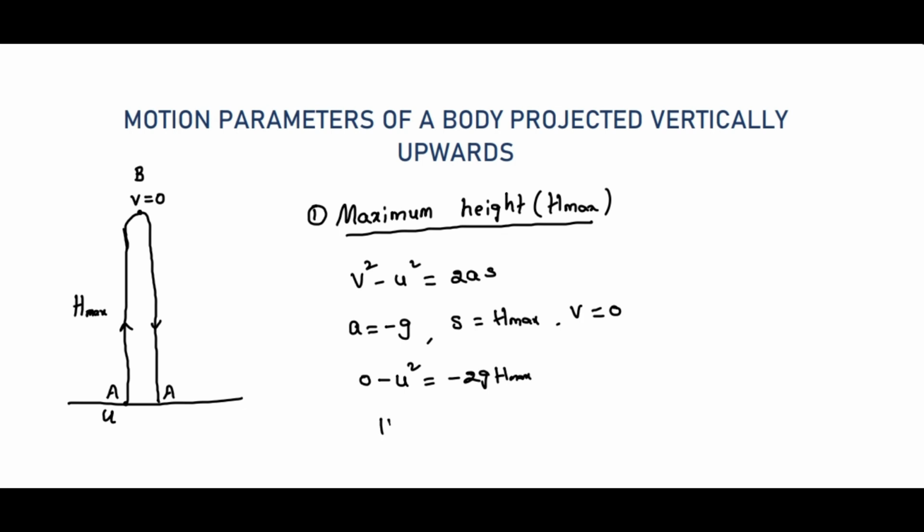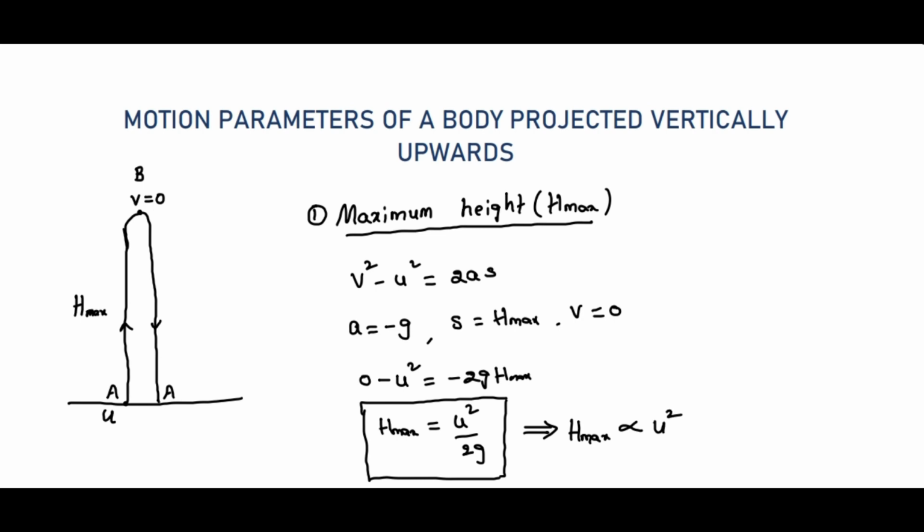From this, H maximum is equal to u square by 2g. If a body is projected upwards with velocity u, the maximum height reached is equal to u square by 2g. From this we can write H maximum is directly proportional to u square because 2g is constant.